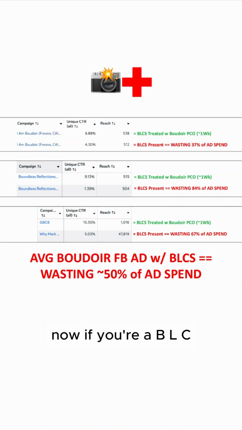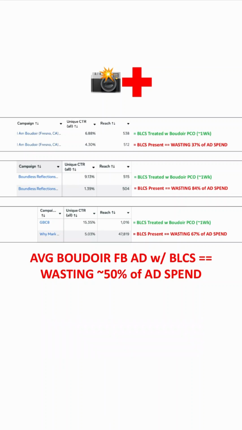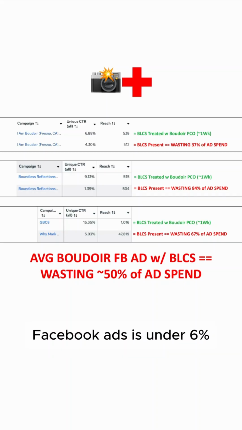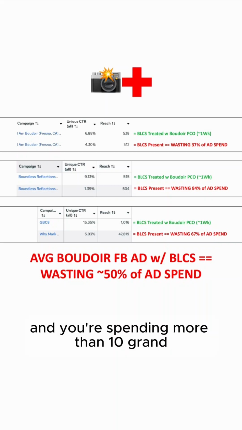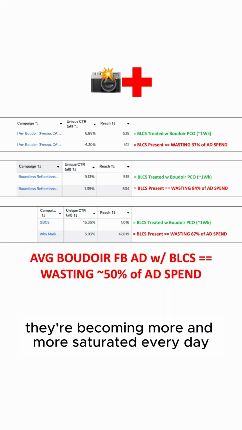Now, if you're a BLCA, a Boudoir low click advertiser with BLCS, so your unique CTRL of your Boudoir Facebook ads is under 6%, and you're spending more than 10 grand a month on Boudoir Facebook ads, and you've looked at the marketplace, you're seeing it become more and more saturated every day.